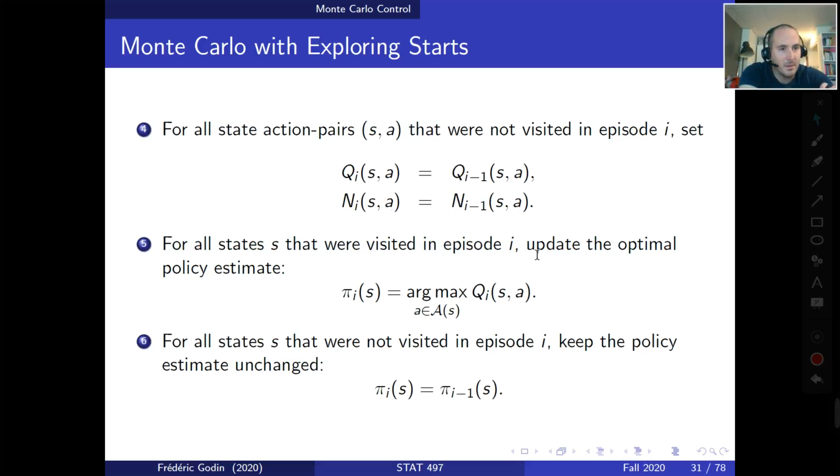Okay, so we've generated an episode i, then we refine our value function estimate based on that episode. So it's kind of a policy evaluation with a single iteration here.